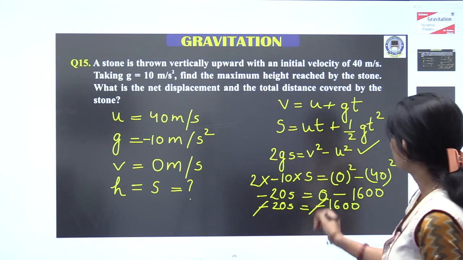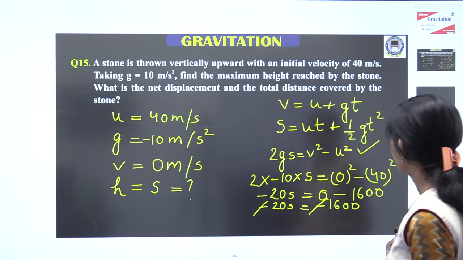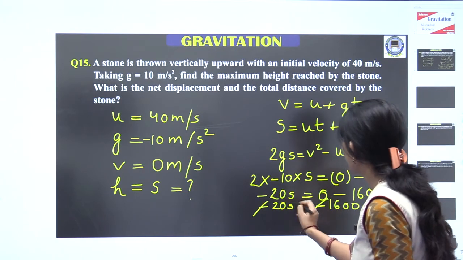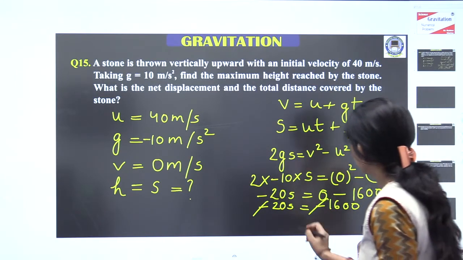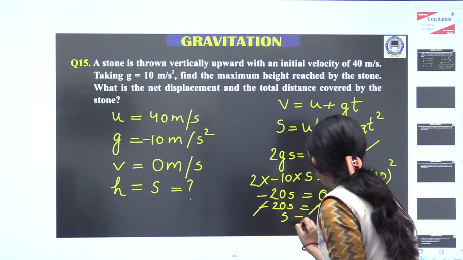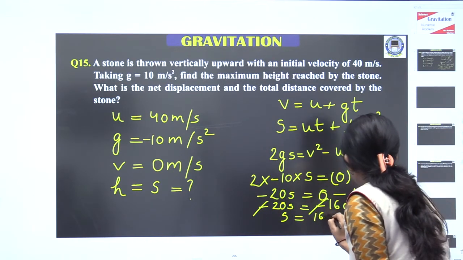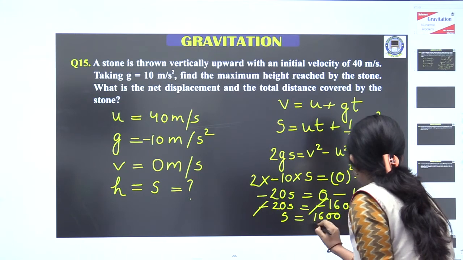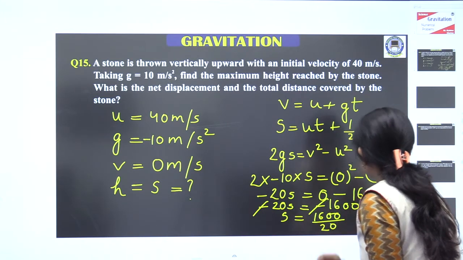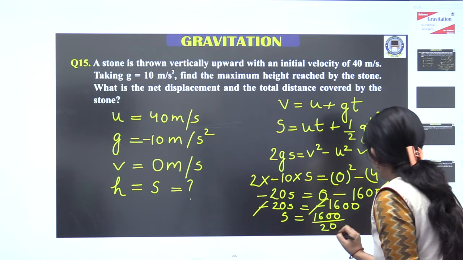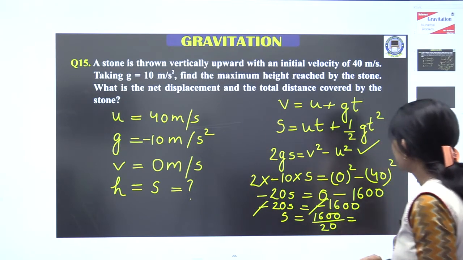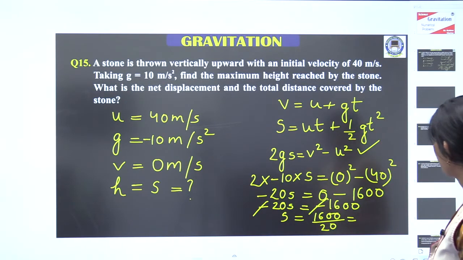Now you have 20S is equal to 1600. 20 is multiplying with S. When we transfer it from the left to the right side, it will divide 1600. Now divide 1600 by 20.